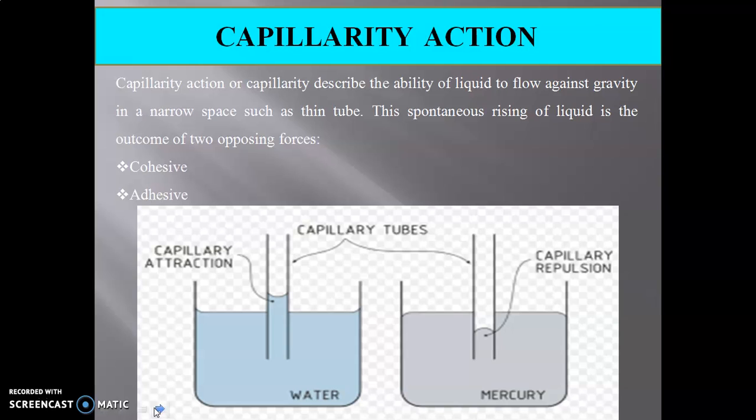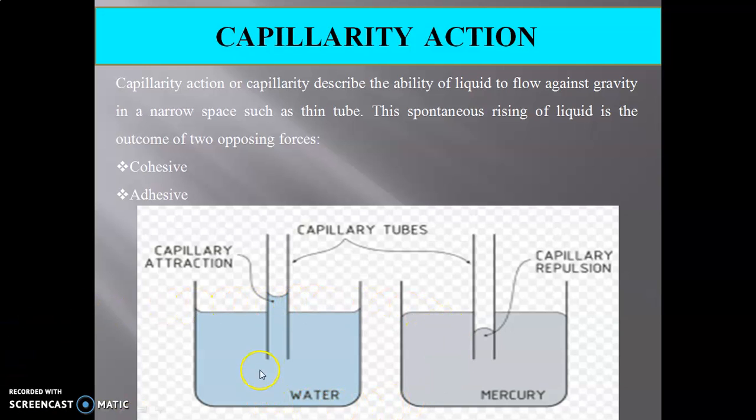Now, capillarity action is high when the adhesion is greater than the cohesion, and vice versa. So in case the forces of adhesion are greater than those of cohesion, the molecules of the liquid cling to the wall of the test tube.